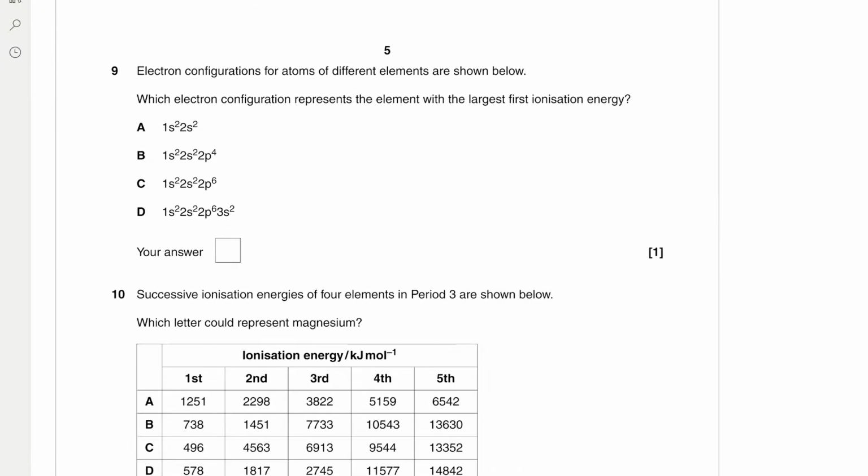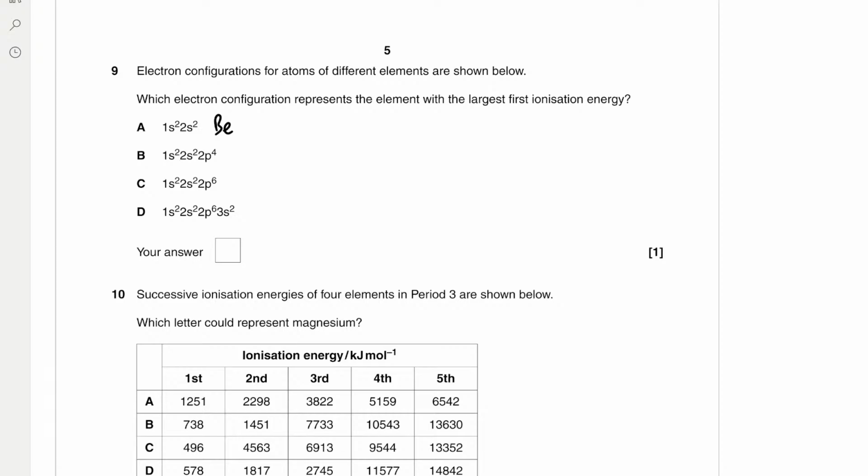Question 9. Electron configurations for atoms of different elements are shown below. Which electron configuration represents the element with the largest first ionization energy? So, if we have a look at our electron configurations, 1s2, 2s2, well, that's beryllium.